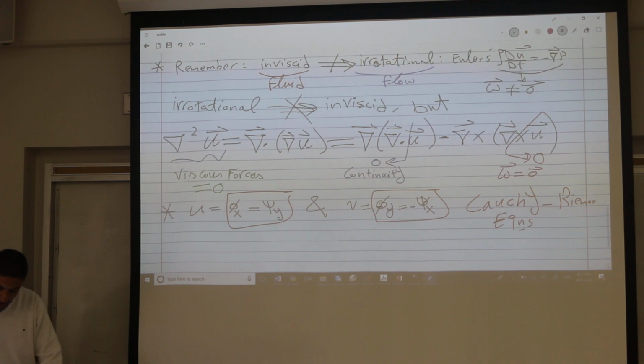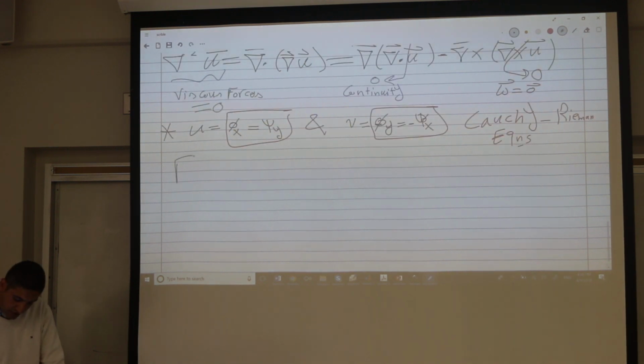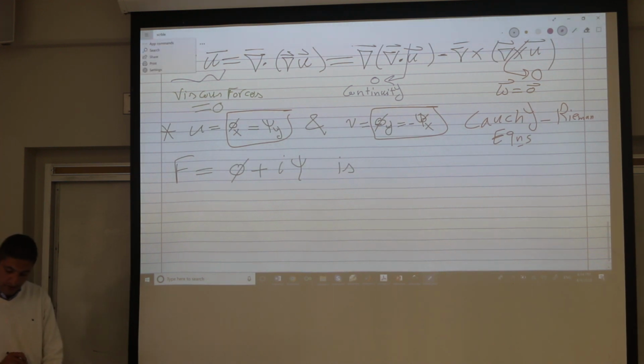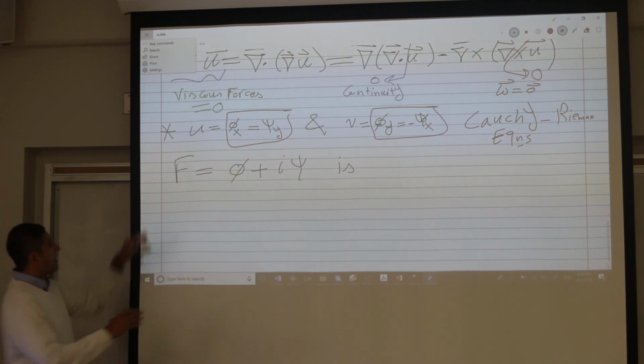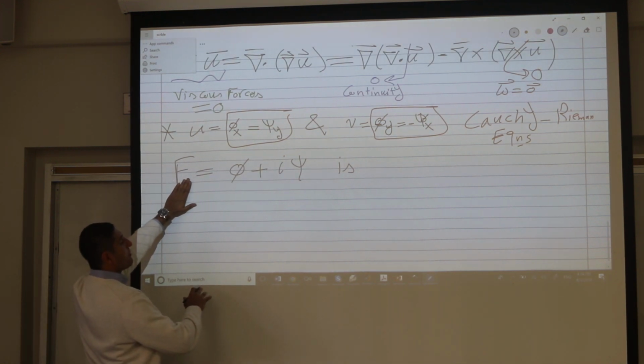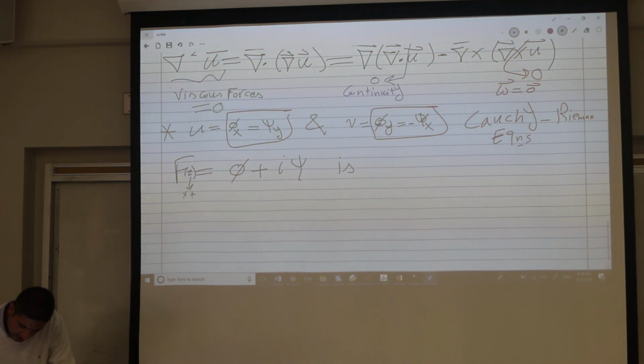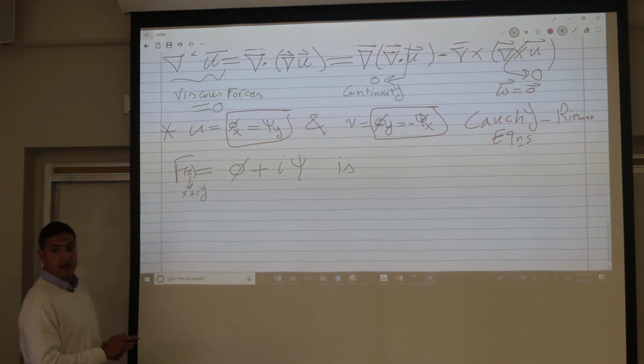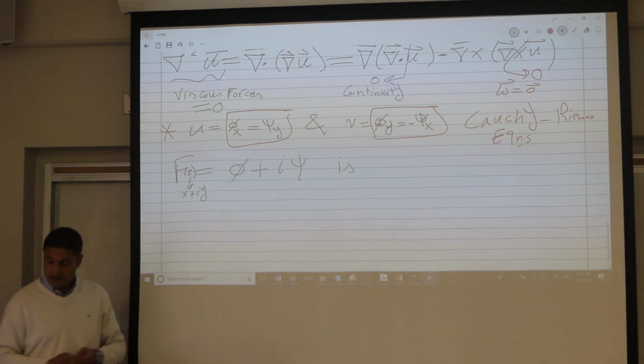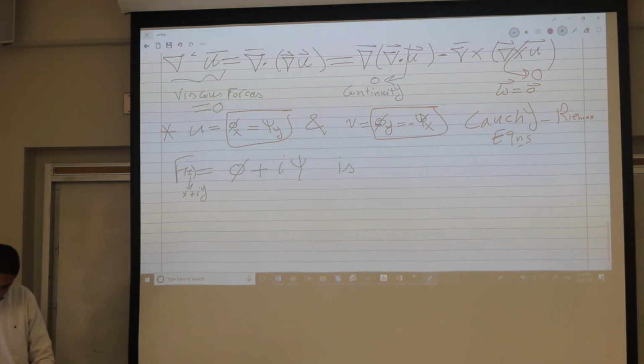Well, we get that the complex function composed of these two functions as real and imaginary parts is, remember, what do you get out of the theorem? If you have a function f that is a function of the complex argument z, z is simply x plus iy. So it is the complex potential, the F. But here I'm talking in general.